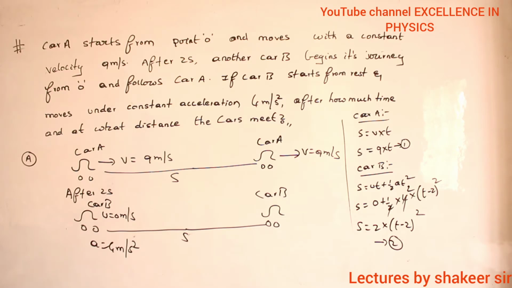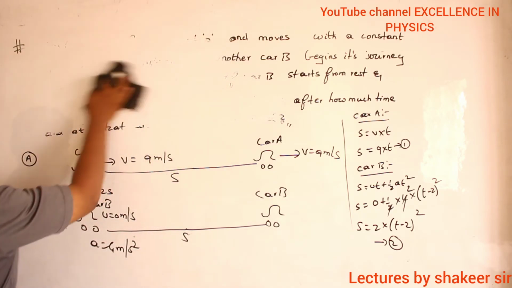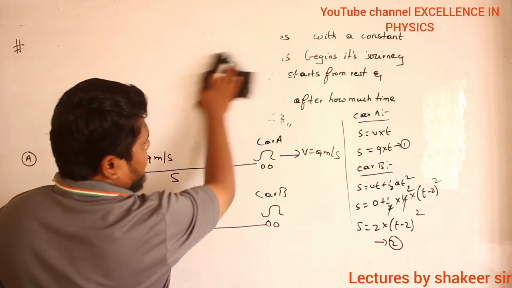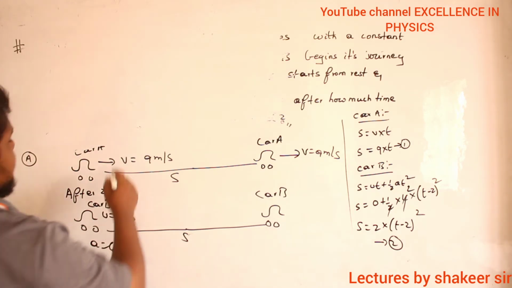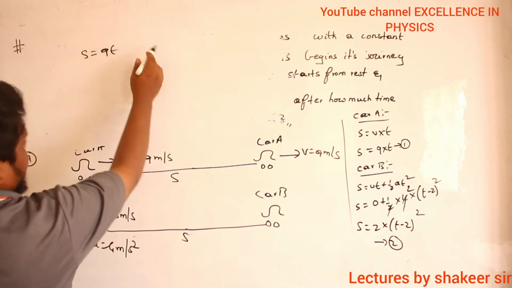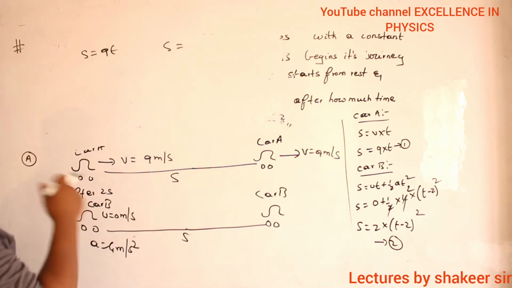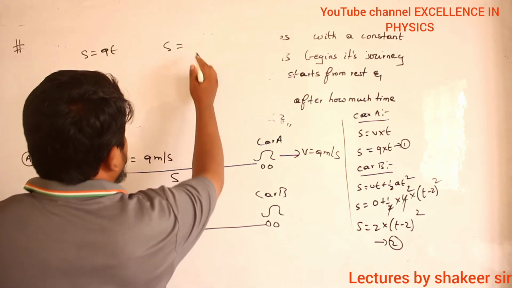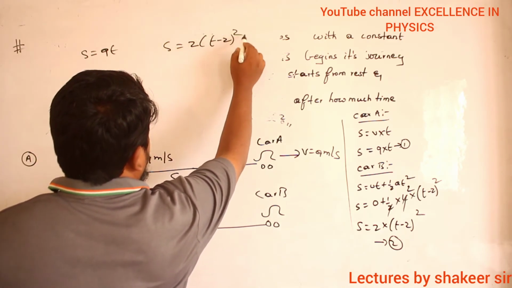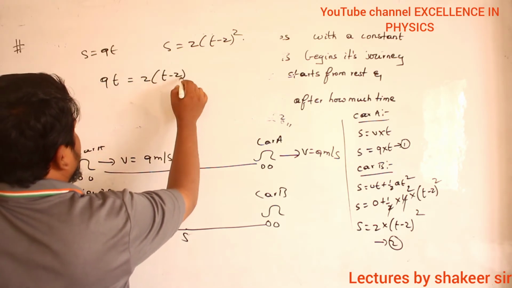I can equate 1 and 2, no? So S is equal to 9t. Another equation is S is equal to initial velocity 0 only, so 2 into t minus 2 whole square. S is equal to 2 into t minus 2 whole square. So therefore 9t is equal to 2 into t minus 2 whole square.